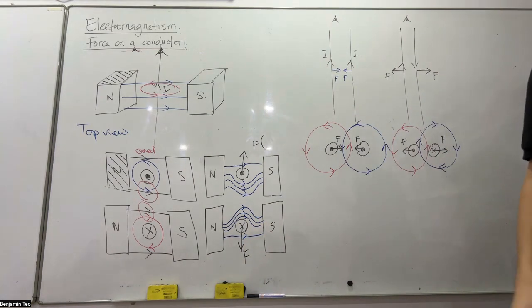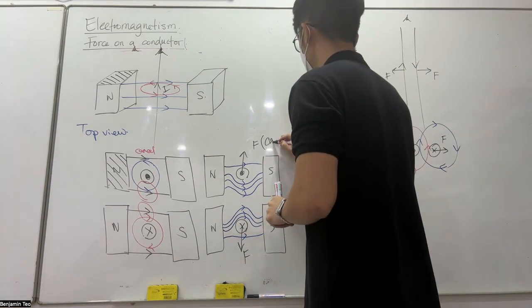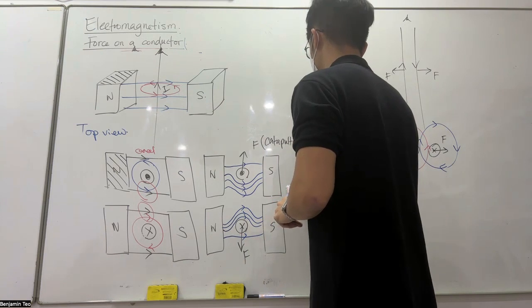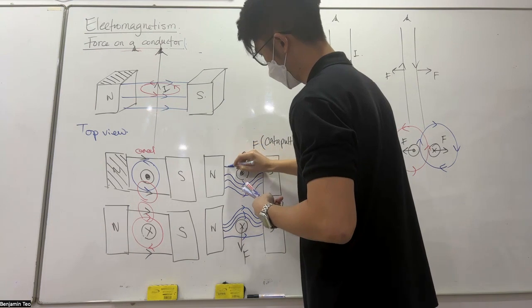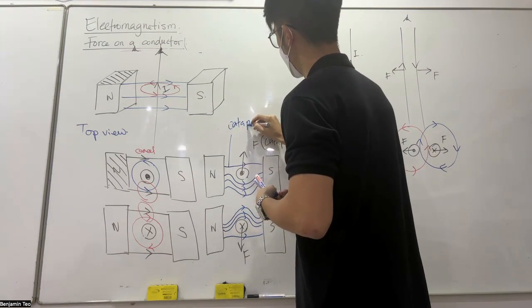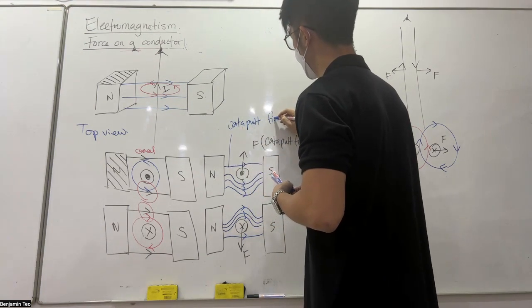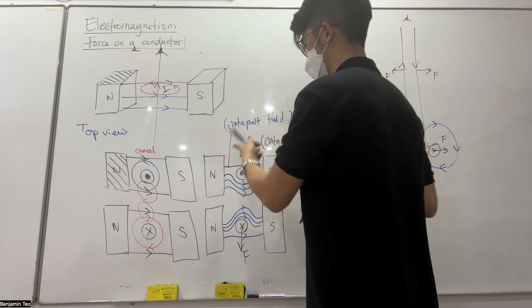The force we call capital F, this field we call capital B. Resultant means the resultant of this.